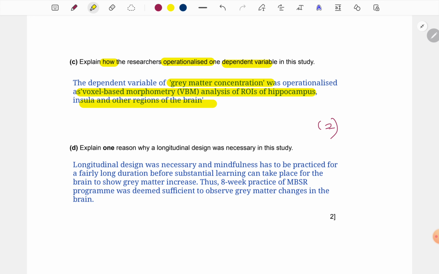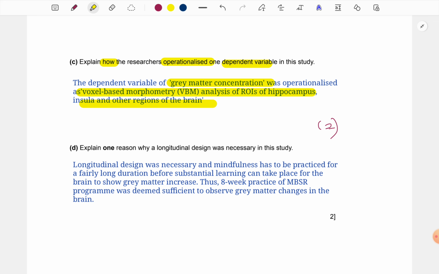Again, I have not used terms like percentage or proportion because that's not specifically given in most of the textbooks. So to be safe, I've just named the technique and pointed out which are the regions which they were looking out for. Again, aim based, not finding based, because initially they were not looking for TPJ and other areas, they just happened to find them. So they were looking for hippocampus, insula and other areas when they prepared the plan. So that's how I've written.